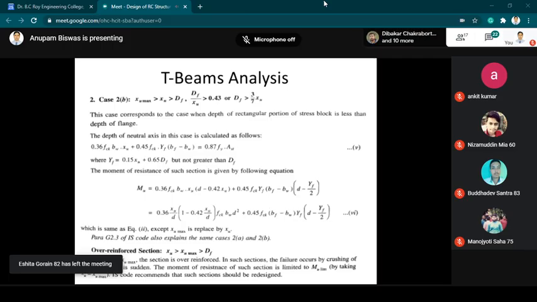Since segment one is your rectangular portion, for segment two you only have to multiply the lever arm d minus yf by 2, because the parabolic portion yf is considered. Simply multiply with d minus yf by 2 in your equation to get the final moment of resistance. You can find all these equations in para G 2.3 of the IS code.